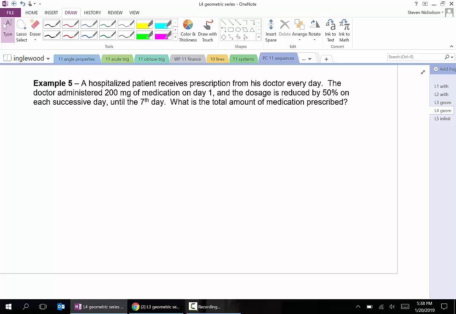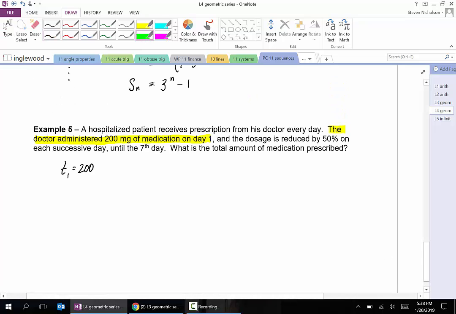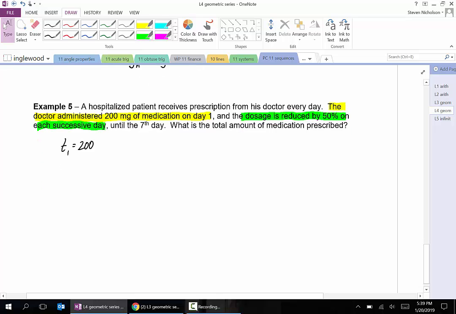And then finally, one last one. Again, a real-life application. And it's all about you reading the question and understanding what the sentence is saying. So the first one's giving you the story, and the second sentence says the doctor administers 200 milligrams on day 1. So there's our T1. Our T1 is 200 milligrams, and the dosage is reduced by 50% on each successive day.